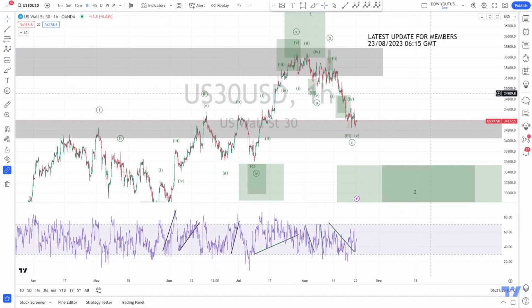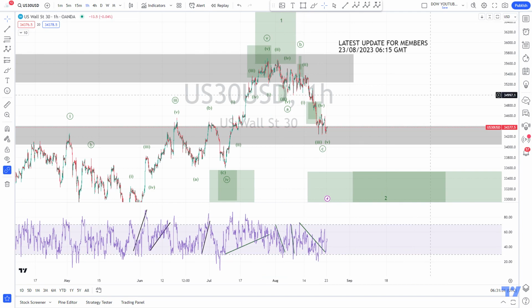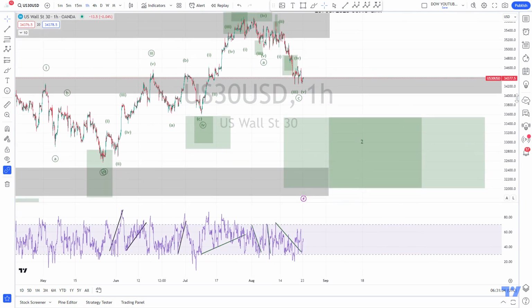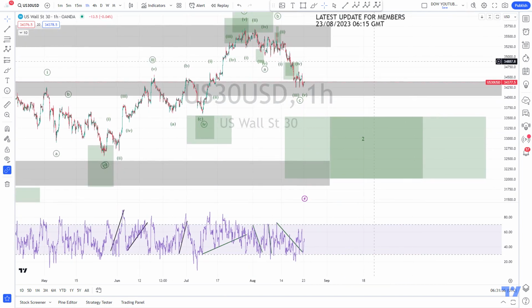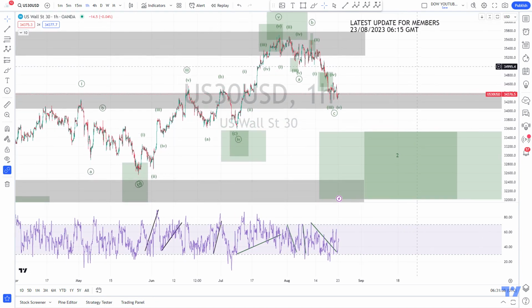Now, of course, if this is a wave 1 and we have to go to this wave 2 area, there are two possibilities.